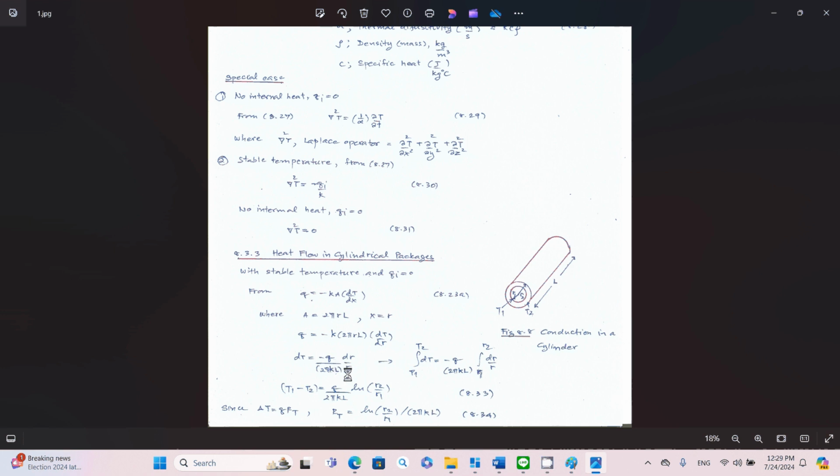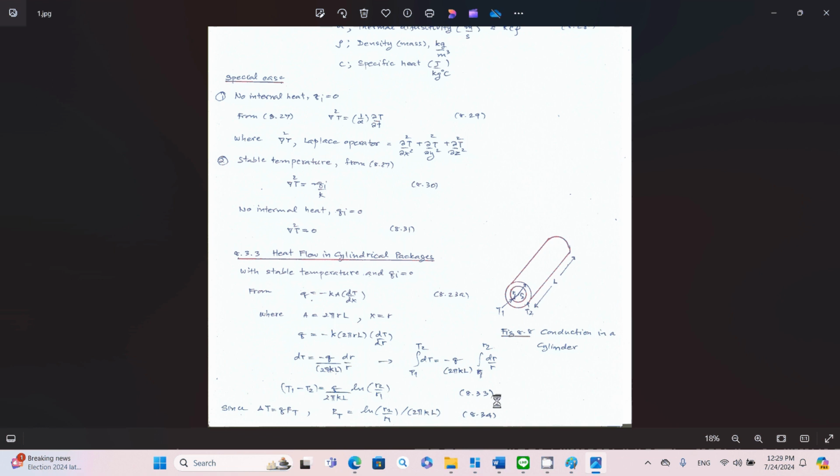So for the temperature difference between T1 and T2 along the cylinder, you have delta T equal to Q over 2 pi KL times Ln R2 over R1. By comparing with the thermal equation, delta T equal to Q RT, you end up with RT of the cylinder, or thermal resistance of the cylinder, to be Ln R2 over R1, divided by the product of 2 pi KL.